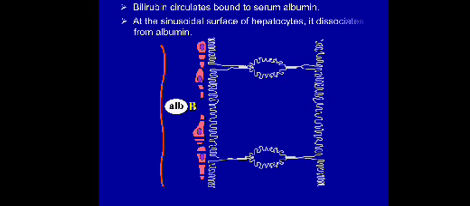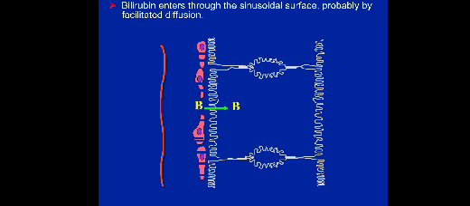Here you see at the sinusoidal surface of the hepatocyte, it dissociates from the albumin. Next, the albumin goes. Next, you see the bilirubin enters into the hepatic sinusoids, probably by facilitated diffusion.